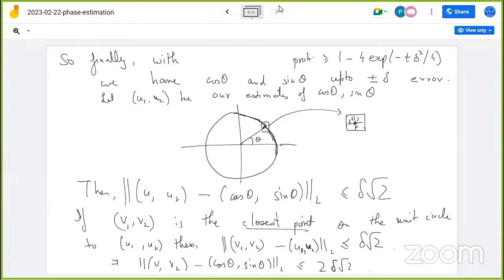If the distance is small enough, the angles will also be small enough. So let's say we can choose delta as some constant such that we get theta within error of pi by 8.